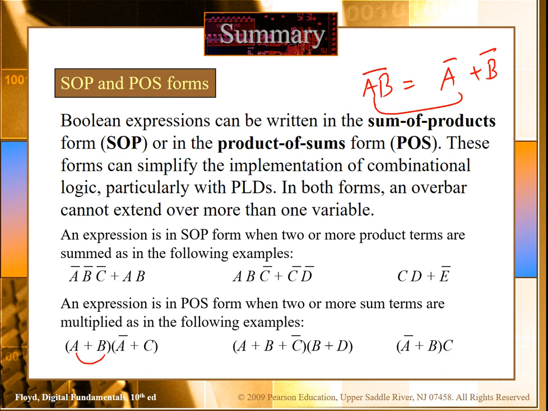These are two literals, A plus B, and these are A plus C. They are being added and then multiplied. So this is called product of sum. These are the two expressions widely used in digital circuits: sum of product and product of sum.